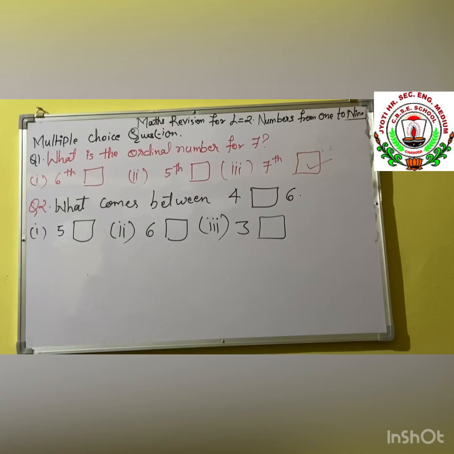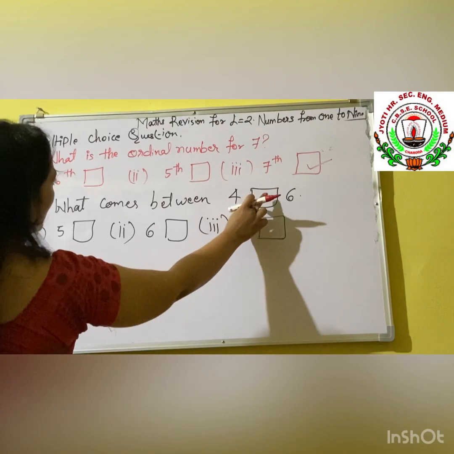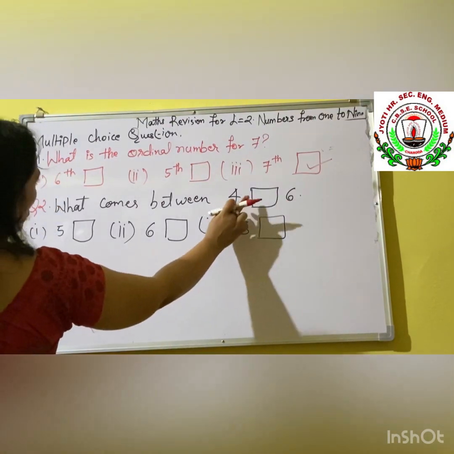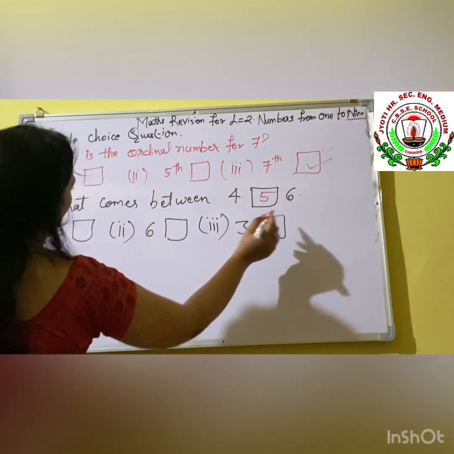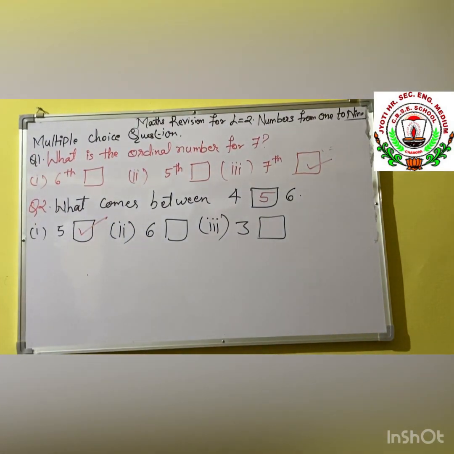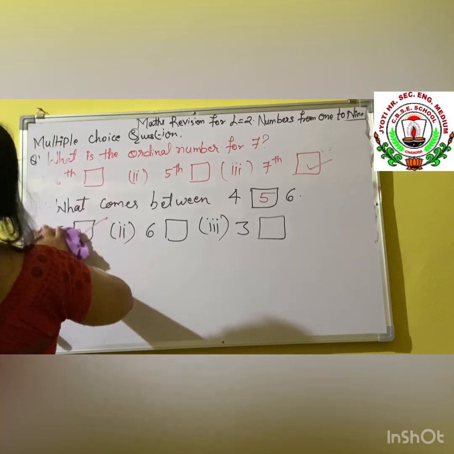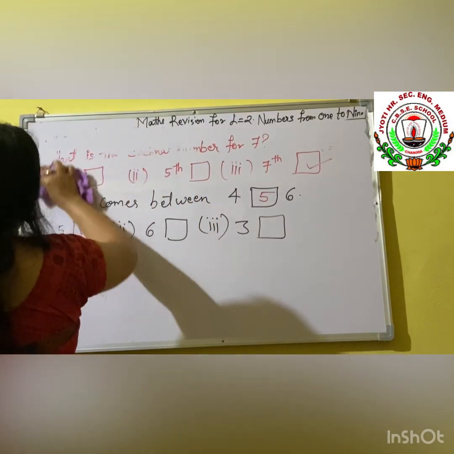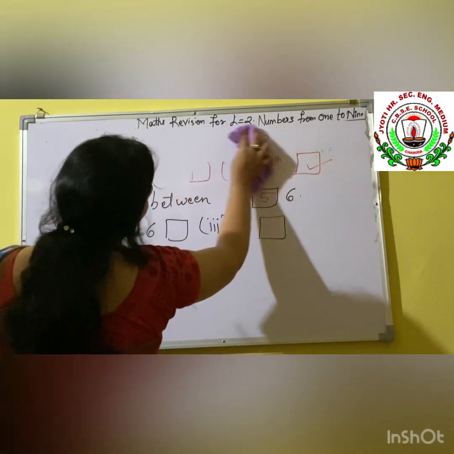So we are having 3 options, 5, 6 and 3. So between 4 and 6 comes 5. So here we are having our answer, isn't it? Okay. Now I am giving this much only questions. In next class I will give more questions.